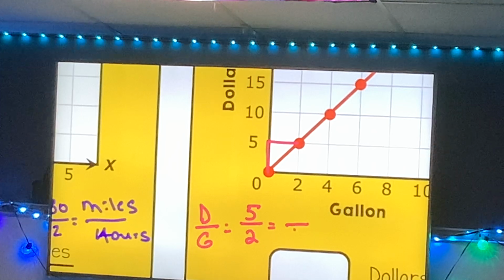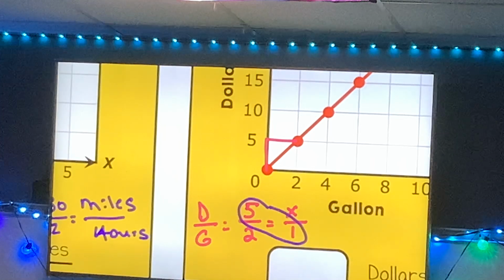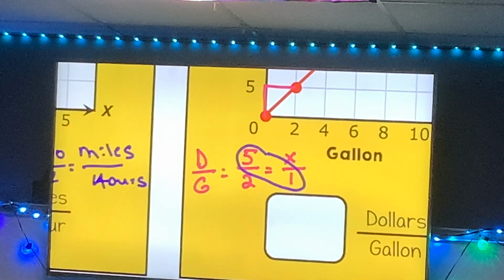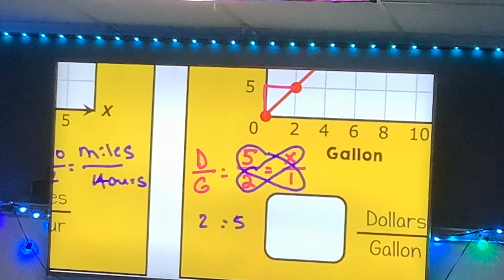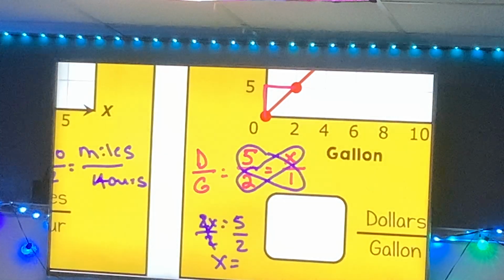So if I want it per gallon, I want it for 1 gallon. I have 5 times 1 is 5. 2 times x, 2x. And what is 5 divided by 2? 2.5.